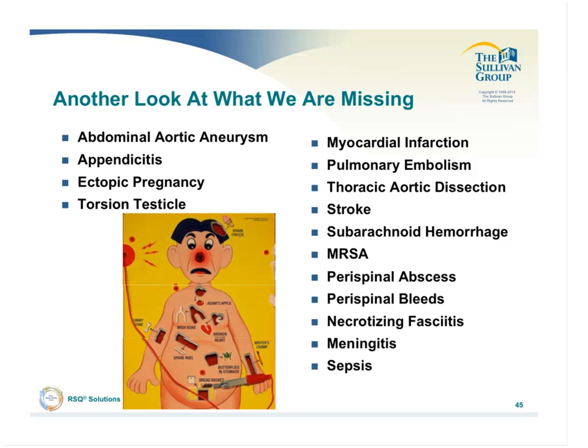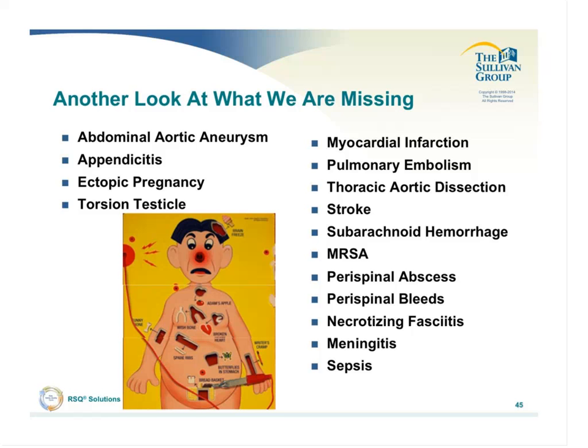And the rest of the elements in that column, and this is from insurance company data, from many of the large clients that we work with, are all infections: MRSA, new infections of the skin, necrotizing fasciitis, perispinal abscess, oftentimes caused by MRSA, and perispinal bleeds because people are on so many medications that make us bleed, etc.